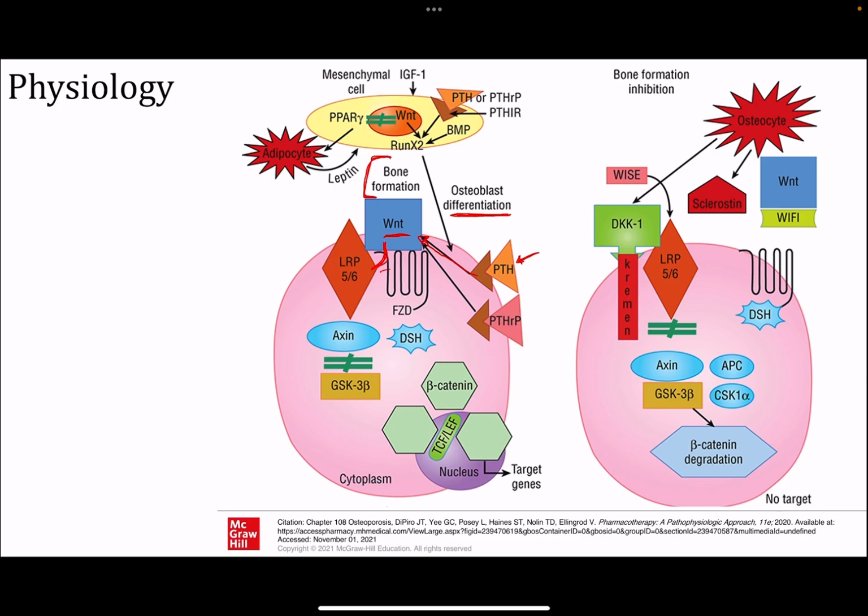And eventually, you get all these signals. Don't get too caught up on the details. But what happens is that we have these target genes that are going to produce the proteins that can make the bone. And on the other hand, here on the right side, we have mechanisms to stop the osteoblast from doing its job.